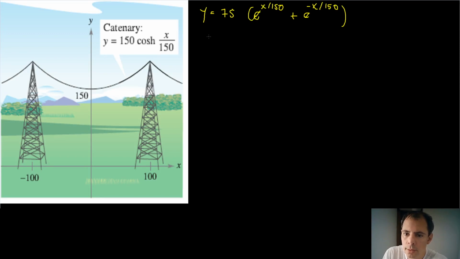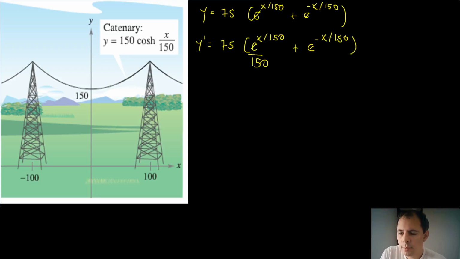Okay, now let's check the derivative. The derivative of this is going to be 75, and then you have e to the x divided by 150 times the derivative of this power function, which is going to be 1 divided by 150. So you can put this 1 divided by 150 here, plus e to the negative x divided by 150 times the derivative of this.